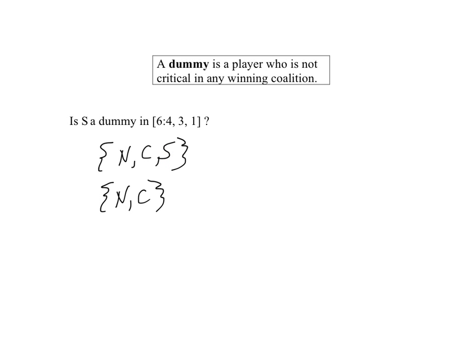Well, no. If Southern Jersey quits the Grand Coalition, the result is just Northern and Central, and they still show up, just the two of them, as a winning coalition. So, no, Southern Jersey is not critical. Northern and Central are critical where they appear, but Southern Jersey is never critical anywhere. We conclude that Southern Jersey is a dummy in this system.